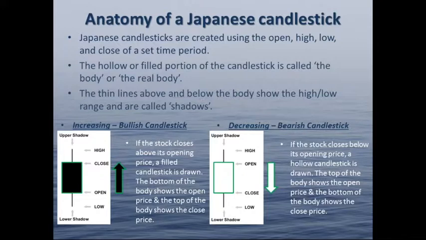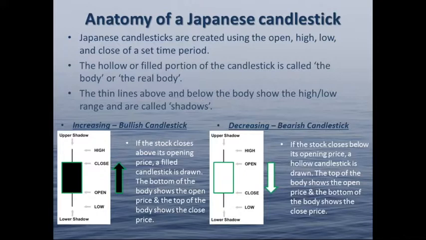Japanese candlesticks show you, as I specified earlier, the high, the open, the close, and the low price. The bit in the middle is called the body, or sometimes the real body, whilst the lines above and below are the shadows that mark the highs and lows.